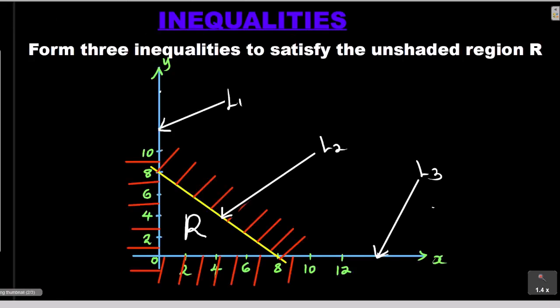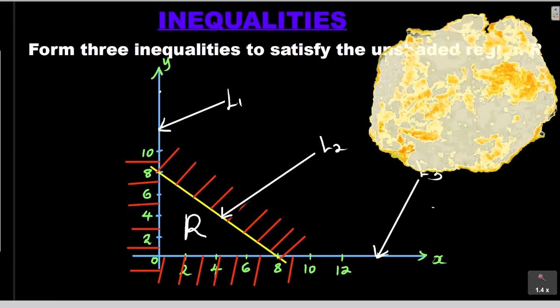How do you know the sign that you're going to insert there? When you look at that line, the y-axis, look at the side that is shaded. The side that is shaded is the unwanted side. So the unwanted side is the one to the left of the y-axis, and that is the side that is less than. The values to the left of the y-axis are less than the values to the right.